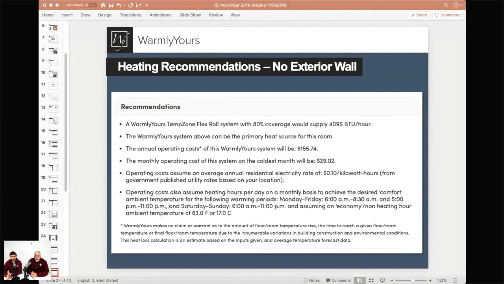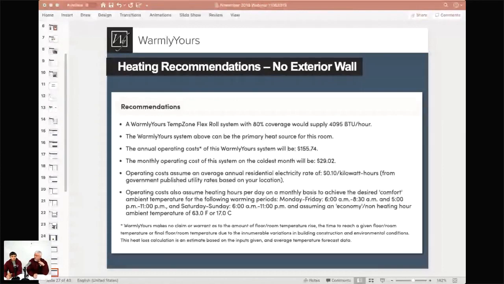Now, keep in mind, we had a question from Brian. Is it better to run the system full time as a primary heat source or time it? Well, you can see that it's called out here in the results. This is assuming that the primary operation will be 6 to 8:30 a.m. at highest temperature, set back between 8:30 and 5.